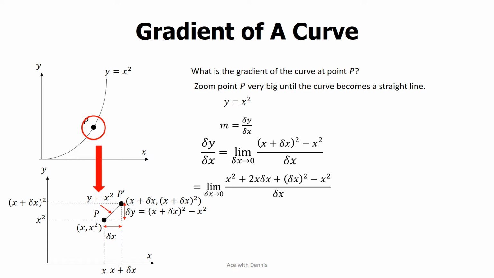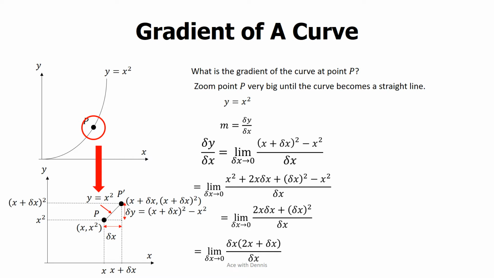Then we expand the bracket. We get the limit as delta x approaches 0 of (x squared plus 2x delta x plus delta x squared minus x squared) over delta x. So x squared minus x squared will be 0. Then it will be the limit as delta x approaches 0 of (2x delta x plus delta x squared) over delta x.